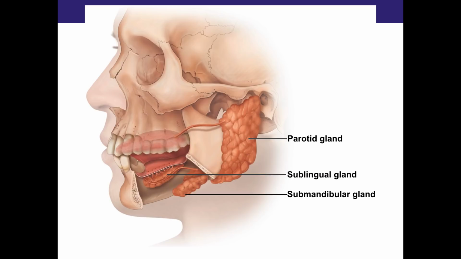It's the sublingual gland that produces most of the mucin-rich secretion. And then the submandibular gland is intermediate between the parotid and the sublingual. So some mucus, some serous. It's not as watery as the parotid gland, but not as thick and rich in mucins as the sublingual gland.